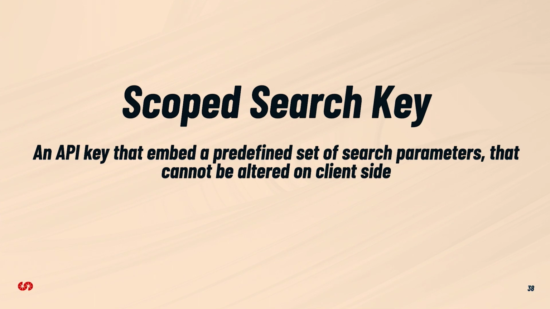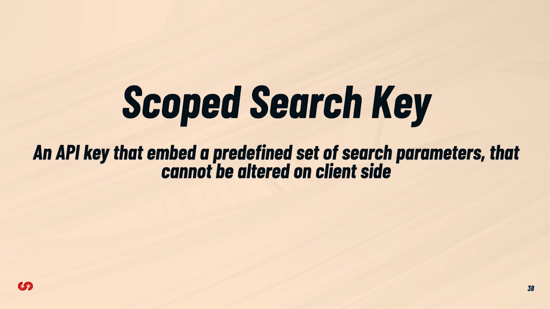This can be done using scoped search keys, that are keys that you can use in the front-end application that embed a predefined set of search parameters, encrypted. So you can create a list of parameters that say filter by documents that have a field called role that is editor. Okay, and this set of parameters is encrypted in a key.